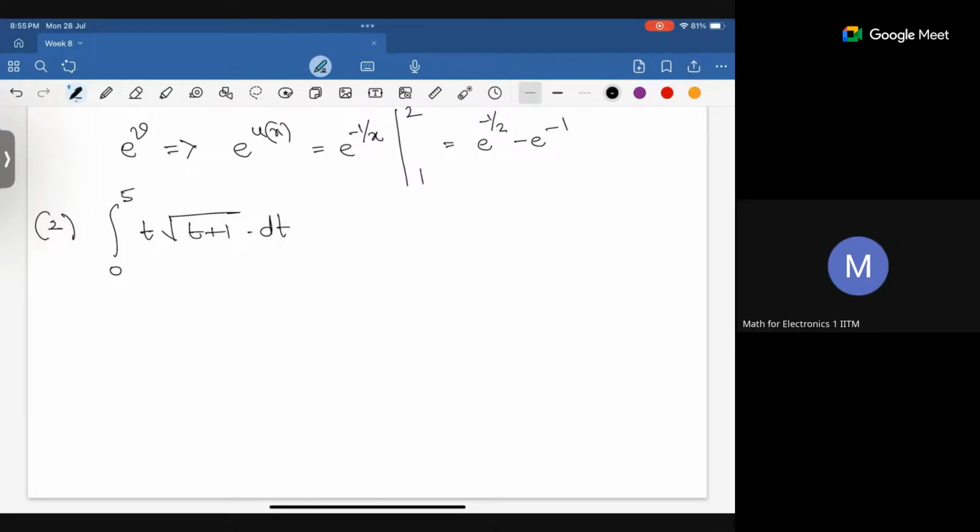Okay, so x is not sacred. That is what I wanted to mention here. Variable can be anything. So you take x or y or t or v. So here the variable is t, and we want to compute this integral.